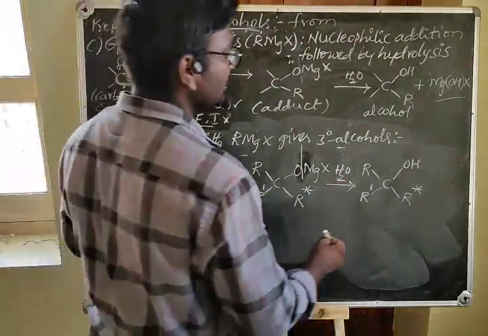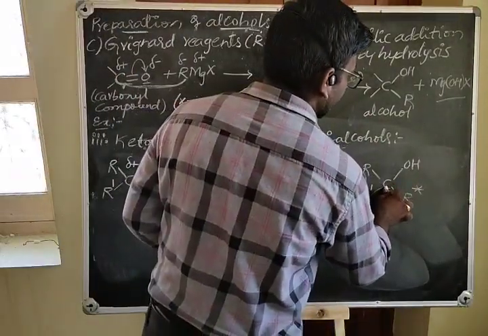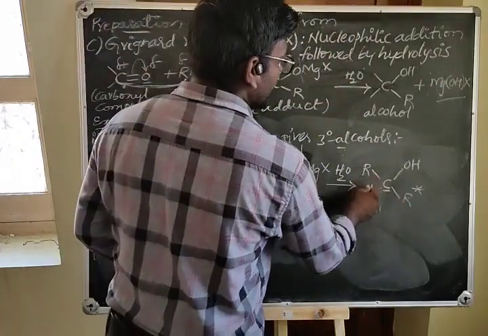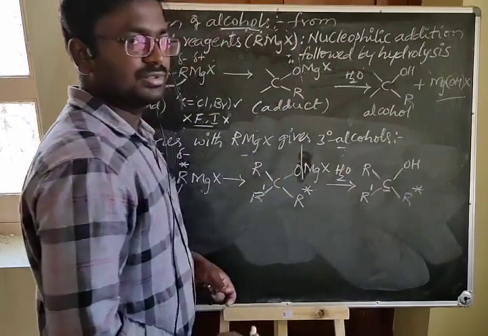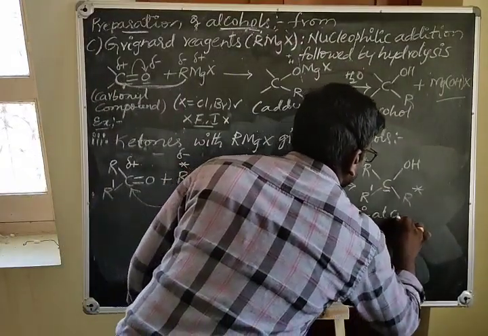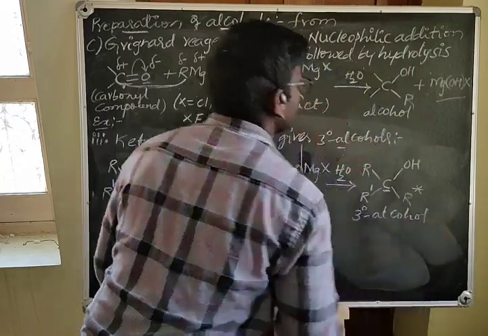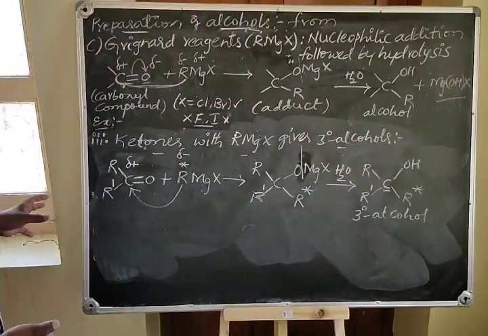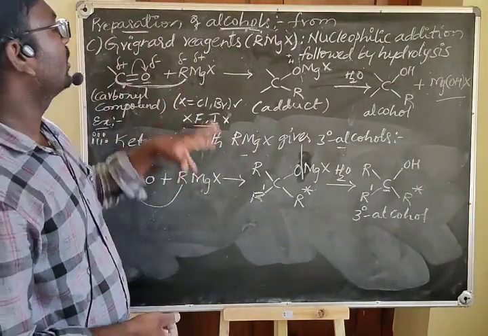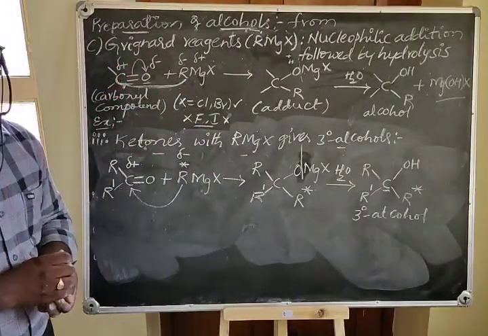Now you can see the functional group containing carbon is linked to three other carbon atoms. Hence it is a tertiary alcohol. So in this way you can see the conversion of carbonyl compounds into alcohols using Grignard reagent.